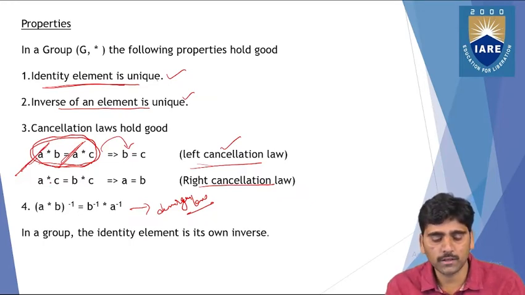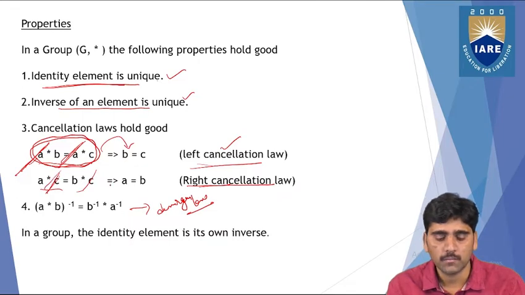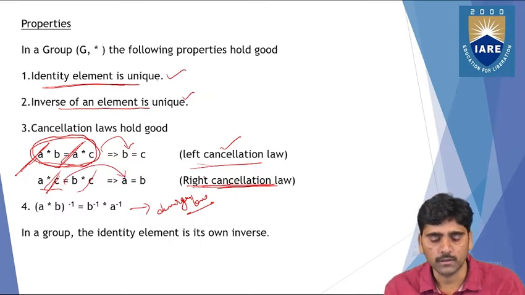And similarly, right cancellation law. A star C equals B star C. In this expression, you can observe the right variables are C, C. So you can cancel them directly by applying this right cancellation law, so that you will get A equals B. You have to show that A equals B by applying the right cancellation law, and B equals C because of applying the left cancellation law, right?